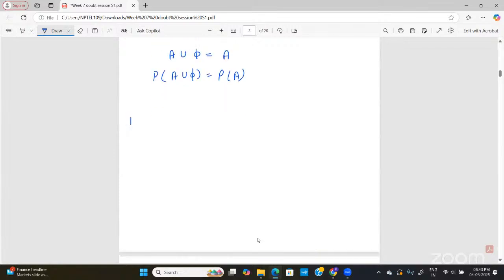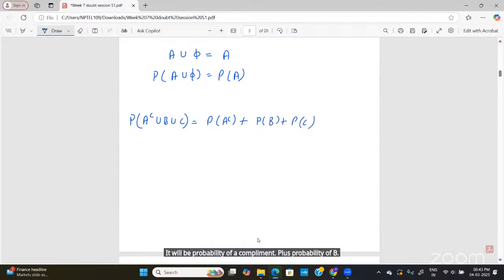If I simply apply the addition rule, it will be probability of A complement plus probability of B plus probability of C, minus probability of A complement intersection B, like these two events, then these two, and then these two events.